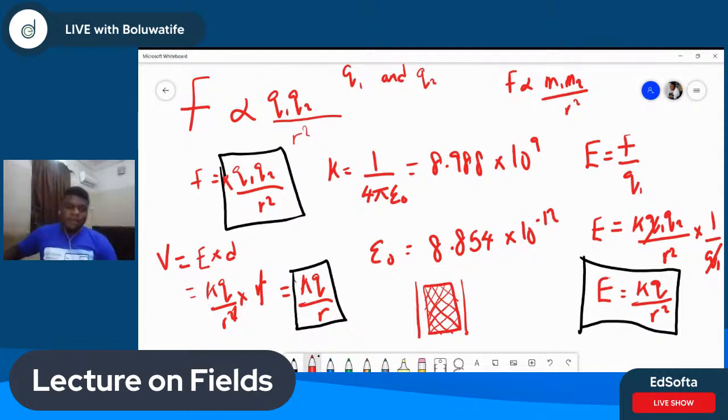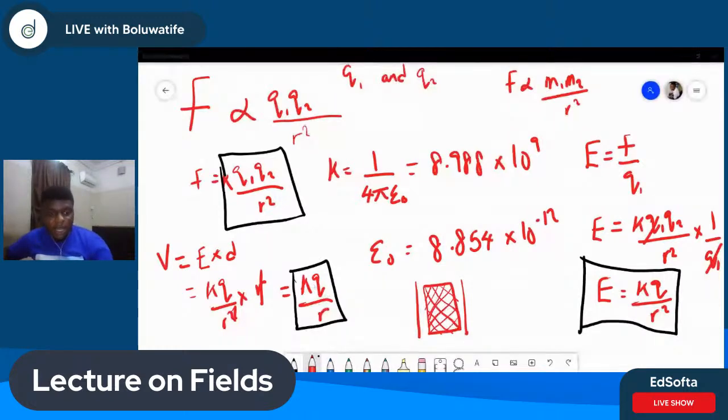Now the formula for capacitance is actually pretty straightforward. One thing to note is that capacitance is dependent on a couple of factors. It depends on how strong the dielectric material is.